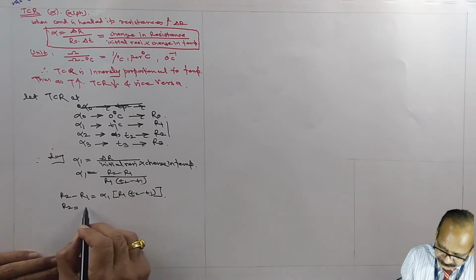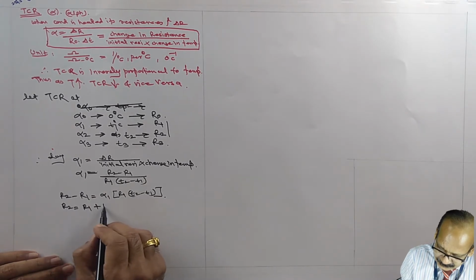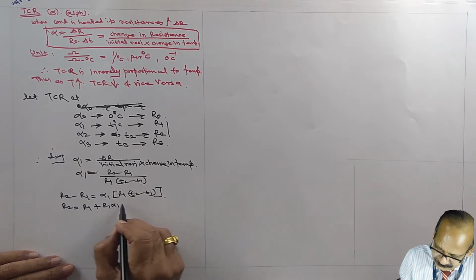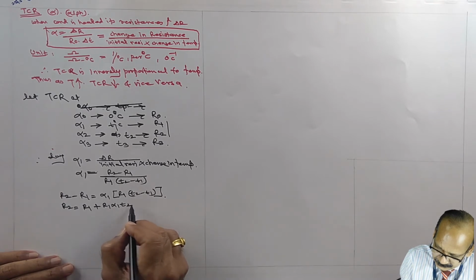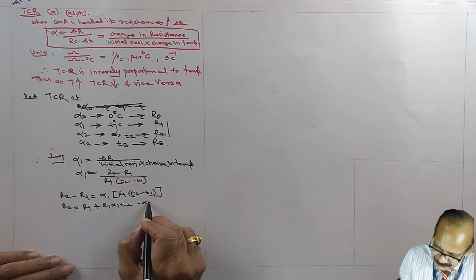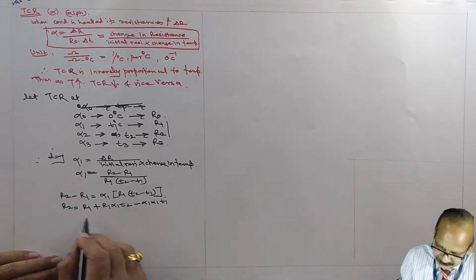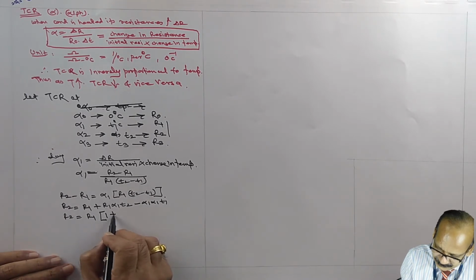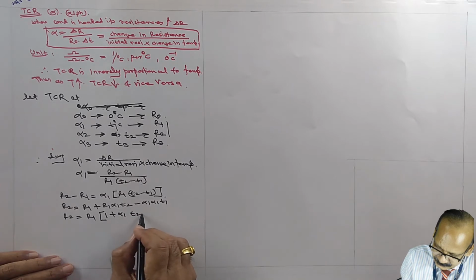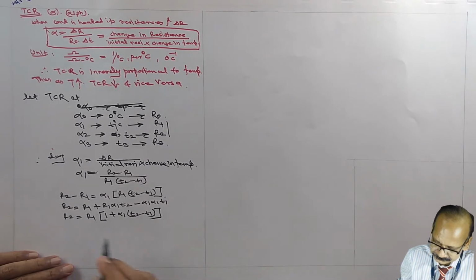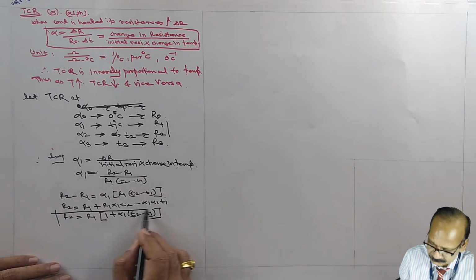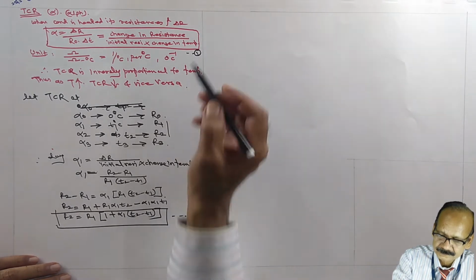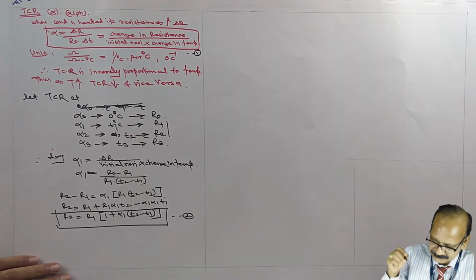So R2 equals R1 plus R1 alpha 1 T2 minus alpha 1 R1 T1, and therefore R2 equals R1 into bracket 1 plus alpha 1 into T2 minus T1. So this is equation 2.